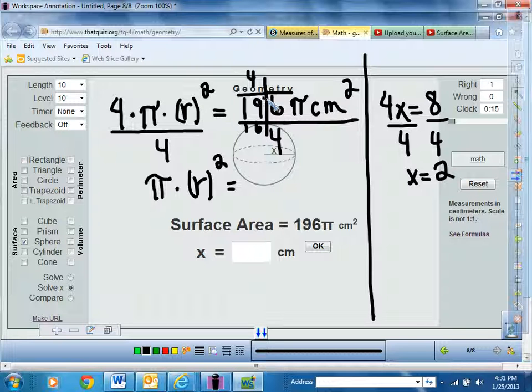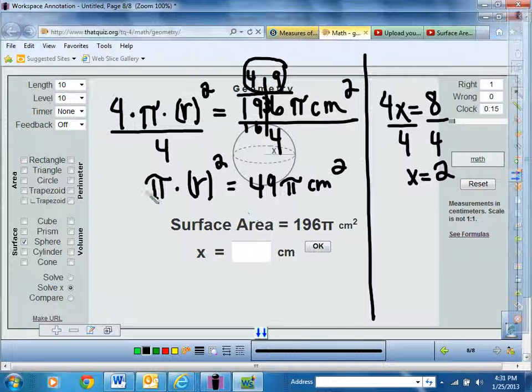So I squeeze that 3 in right here. And so basically I'm doing division. So now 4 goes into 36 9 times. You know that 9 times 4 is 36. And if you notice, there's your answer right there. So pi times r to the second power equals 49 pi centimeters squared.